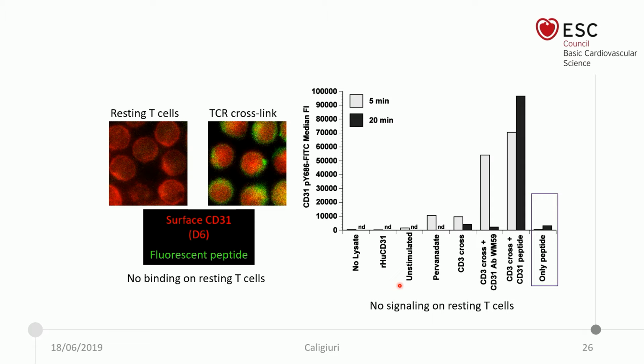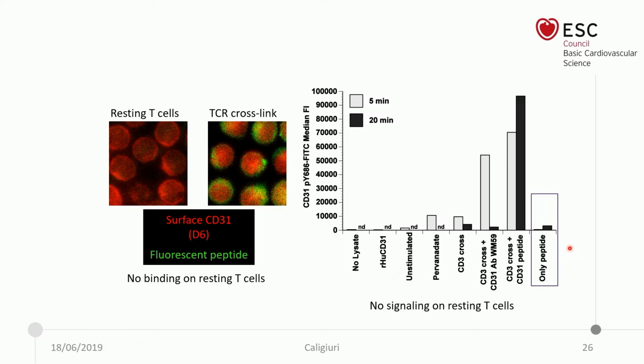Importantly, since we wanted to make a drug now, we should be sure that the peptide does not affect resting cells. So here the peptide is green, and you see that it can only stick to T cells upon a TCR cross-linking, which is a way to activate T cells. Whereas resting T cells do not bind the peptide.